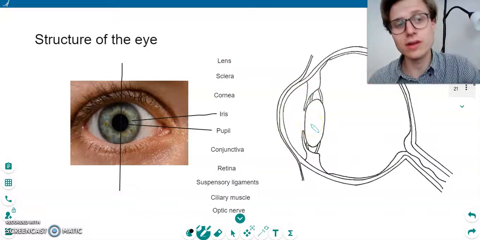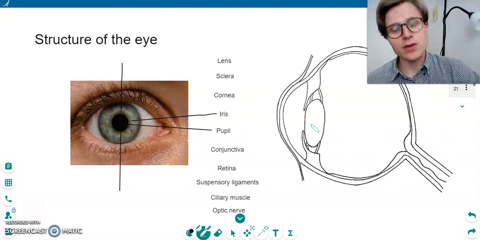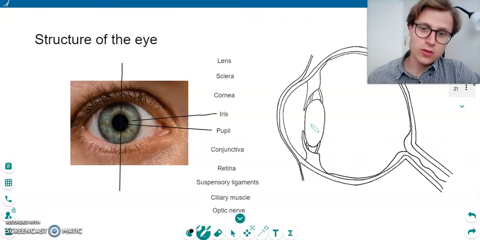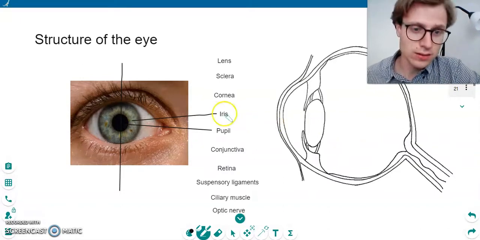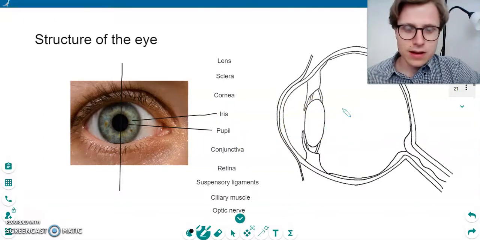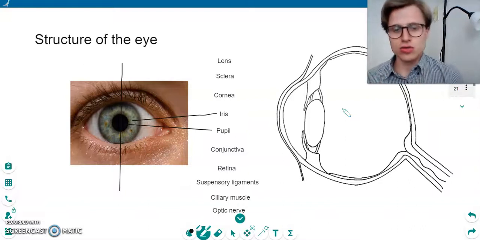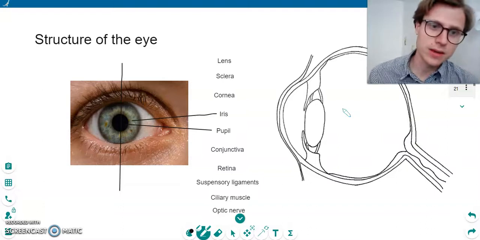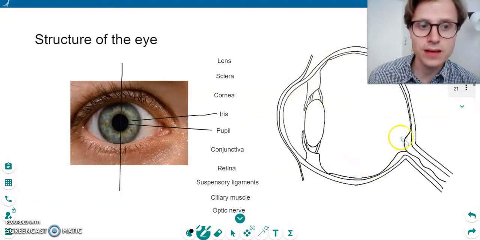However, if we were in a really dark room, then the muscles in the iris would work together to dilate the pupil, thereby letting more light into the eye. And this is really important because it actually helps the eye to control the amount of light information that is entering, and thereby protects the rest of the structures from that light.